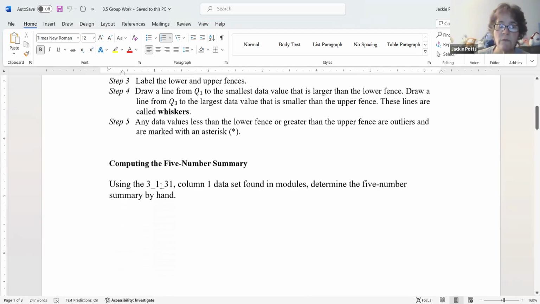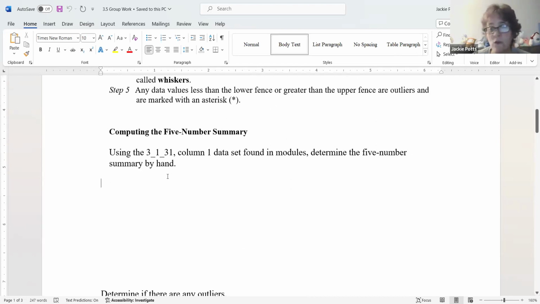I'm going to skip that for a minute. And we have to start with the 5-number summary. So it's telling me to use data sets 3, 1, 31. So that means off to StatCrunch we go. By now, I hope you guys are doing this a little quicker. All right.